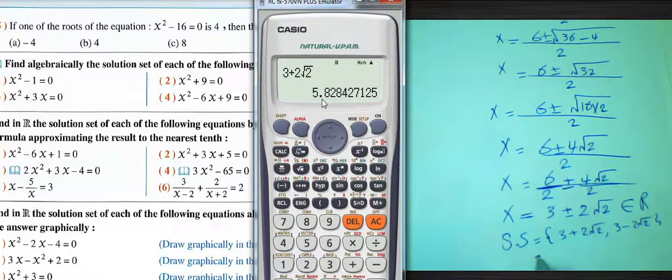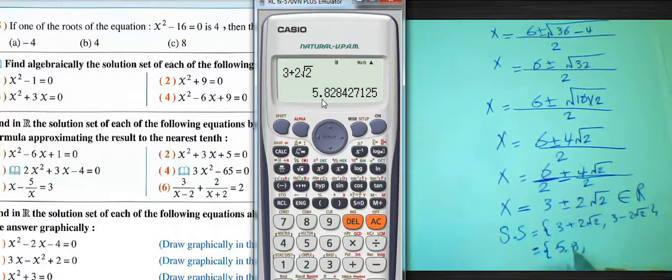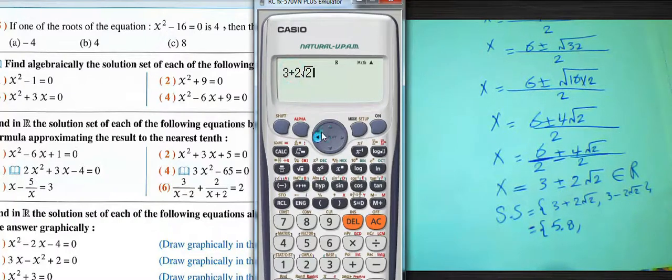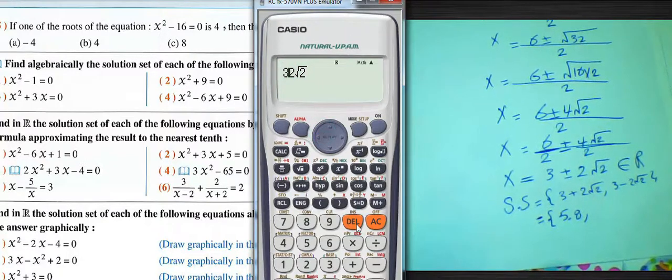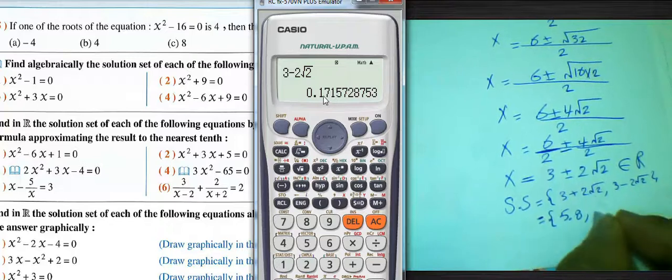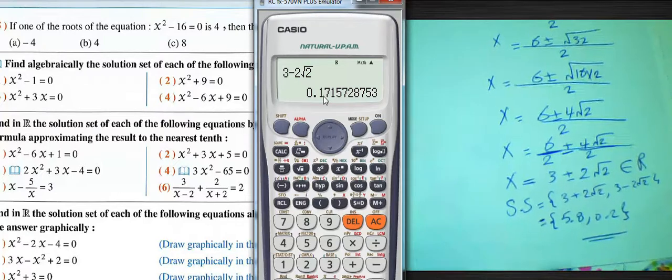And here we cancel the plus and write negative, equals, and we approximate to the nearest tenth. The result will be 0.2. It's finished. Okay, it's easy for you.